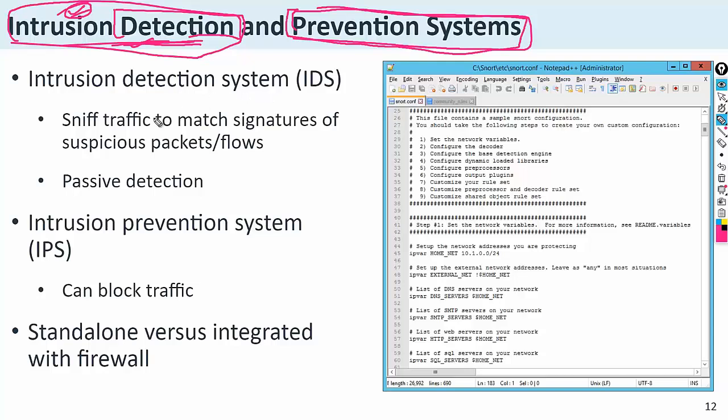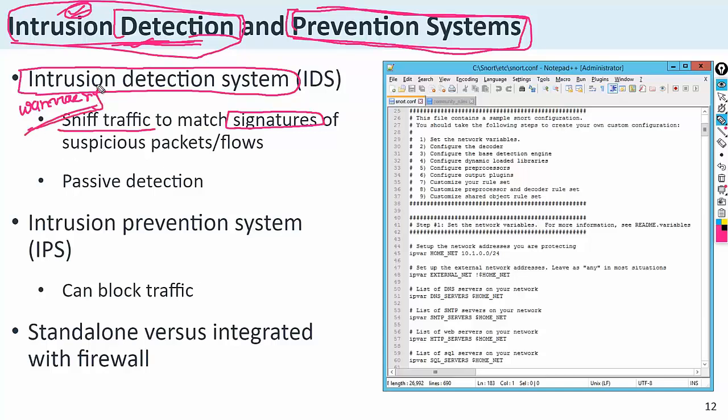So how will the intrusion detection system work? It will sniff the traffic, meaning it will capture all the traffic and match it with signatures. What is a signature? Every type of suspicious packet or traffic has a specific signature. For example, the WannaCry virus has a specific signature.